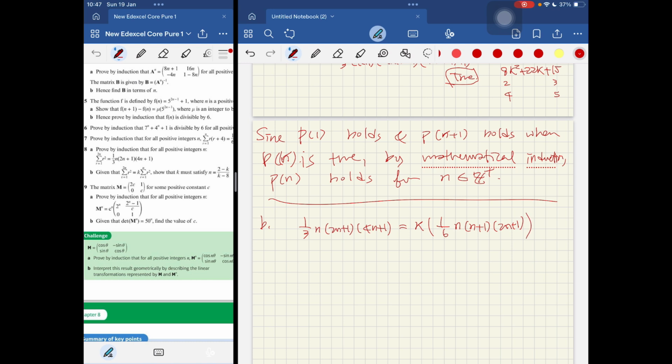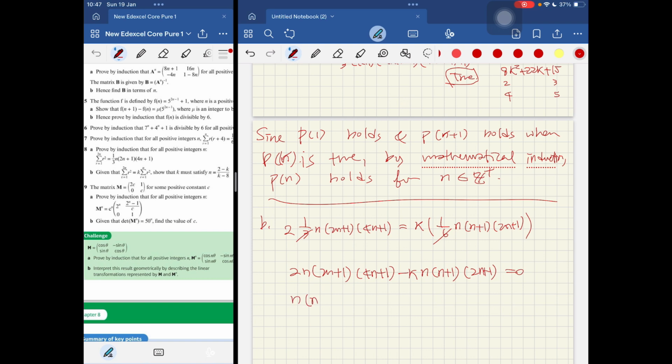If I remember it well, then we can multiply by 6 on both sides and k must satisfy. Okay, so let's bring it over here. 2n plus 1, 4n plus 1 minus kn, n plus 1, 2n plus 1 equals 0.